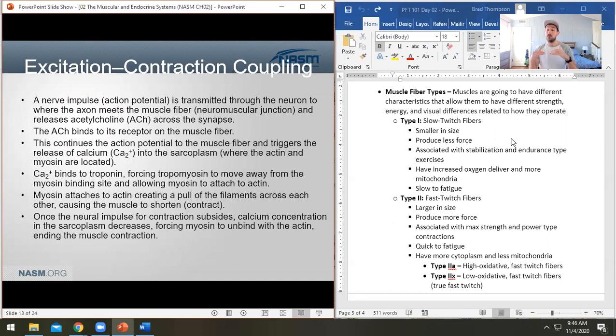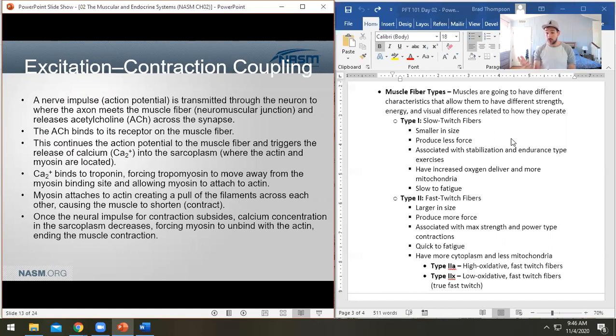So they're going to move away to get to all of that calcium that got flushed in the area. Because they moved away, those binding sites on the actin are exposed. So myosin is going to reach up, grab the actin, and pull it. That's going to happen in all of those myofilaments simultaneously. The ones over here are going to pull this way, the ones over here are going to pull this way, and the muscle cell is going to shorten.